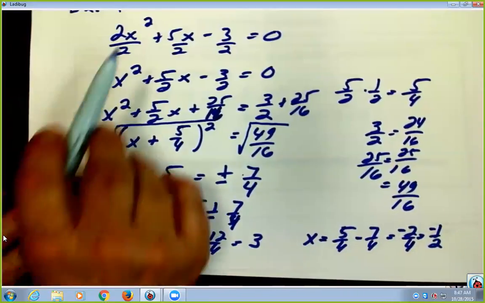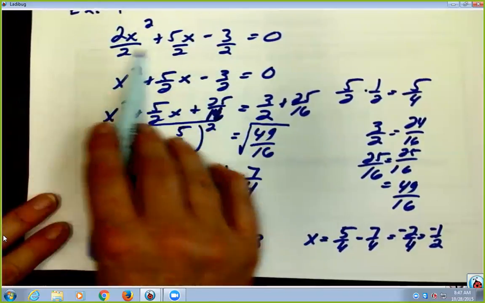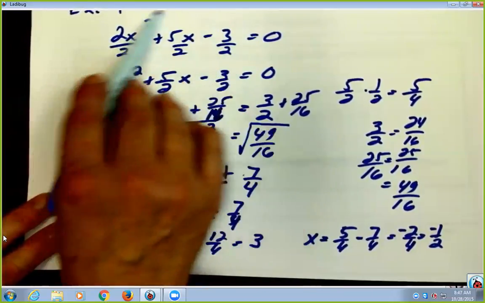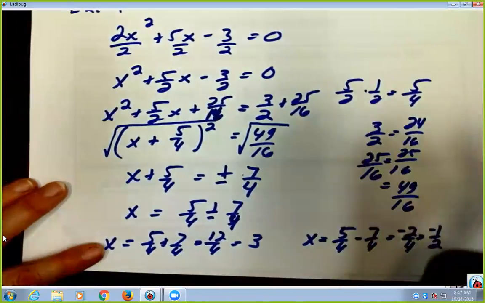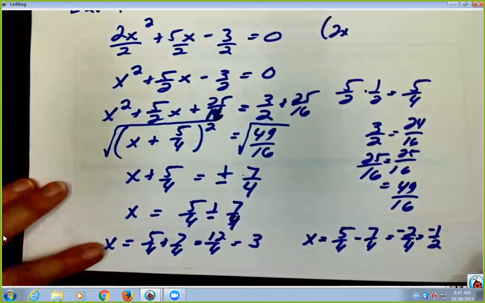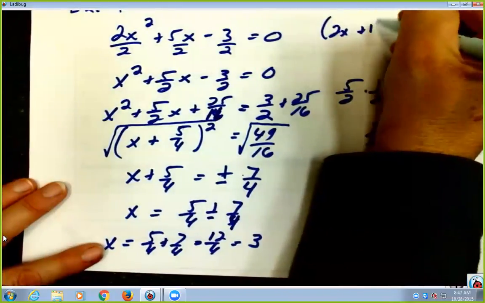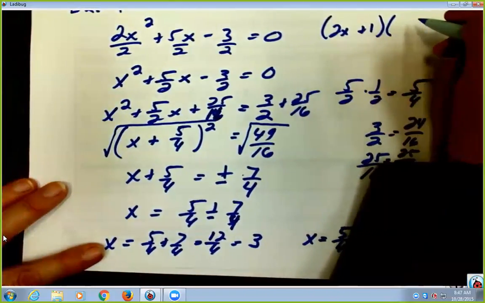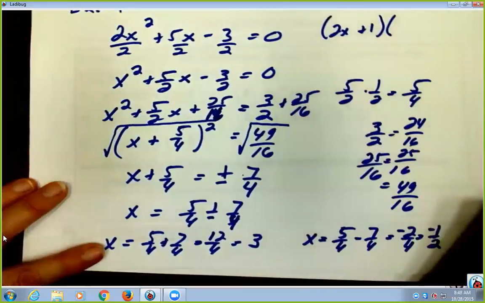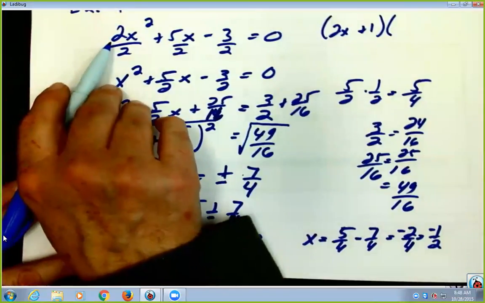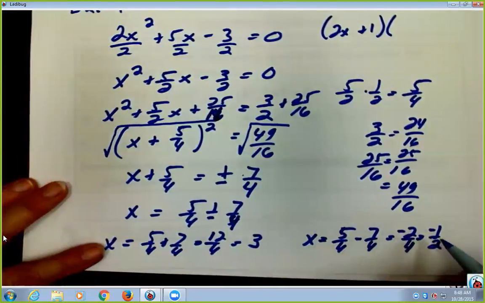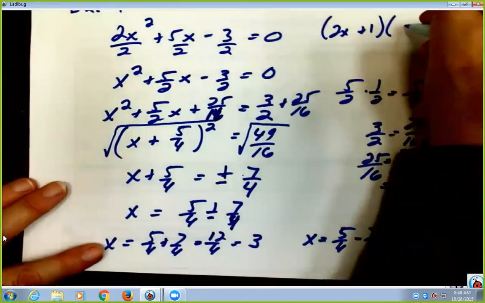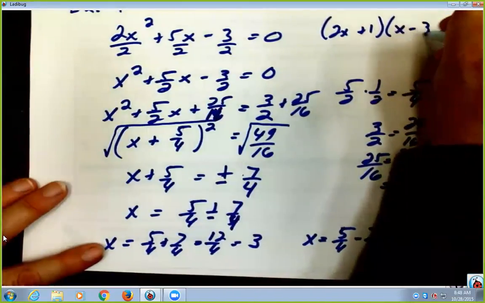Because what you would have found is if we would have looked at this to factor it, this piece here, if we would have factored it and we weren't completing the square, we would have ended up with 2x plus 1 and, oh, wait a minute, I got factored correctly, 2x negative 3, yes, and x minus 3.